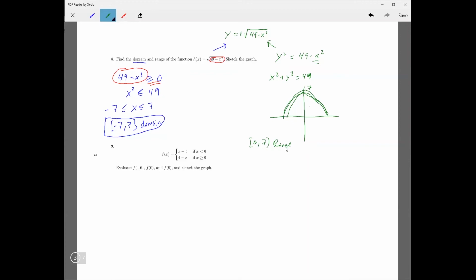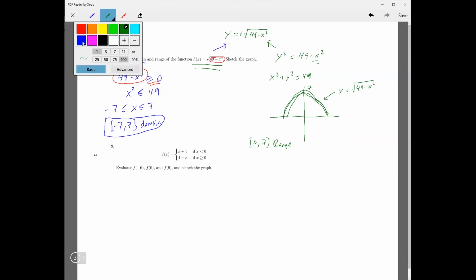Why is it from 0 to 7? If it's a circle, wouldn't it be like from -7 to 7? Yeah, but this right here is y equals positive square root of 49 minus x squared, which is what we have.